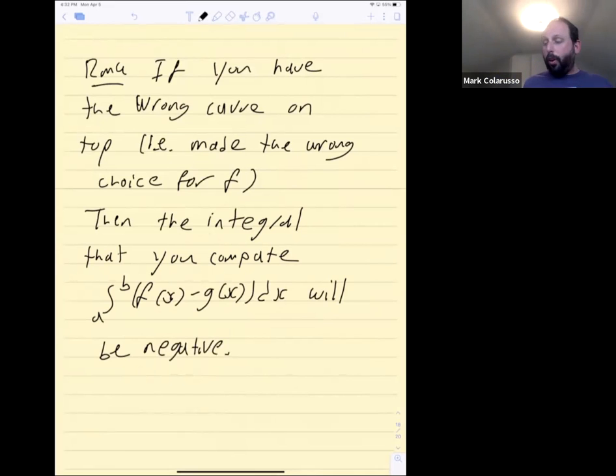If you have f and g reversed, basically you have the negative of what you want inside here, and the integral you get will have a negative value. And area should never be negative.